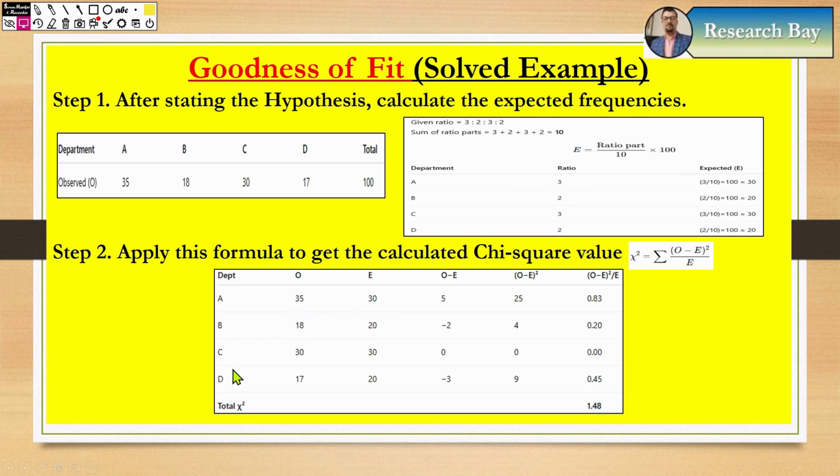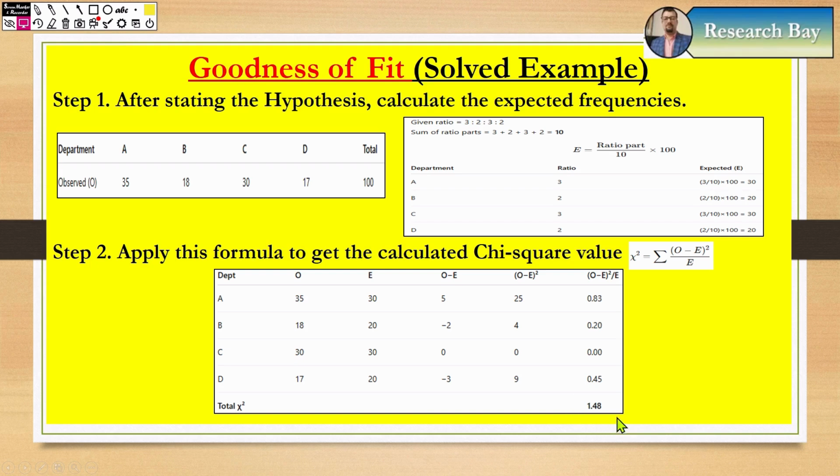Similarly, we do it for B, C, and D as well. Then observed minus expected, 35 minus 30 is 5. Squaring it, you get 25. And dividing it by the expected, that is 30 in this case, you get 0.83. So 25 divided by 30 is 0.83. Similarly, we do it for B, C, and D. The total comes out to be 1.48. So this is our calculated chi-square value.